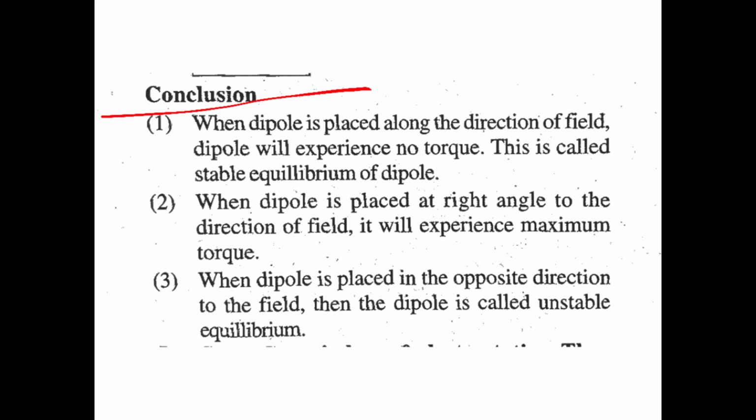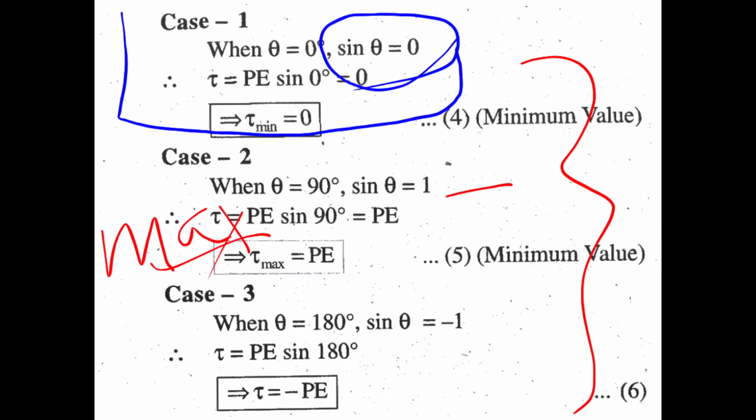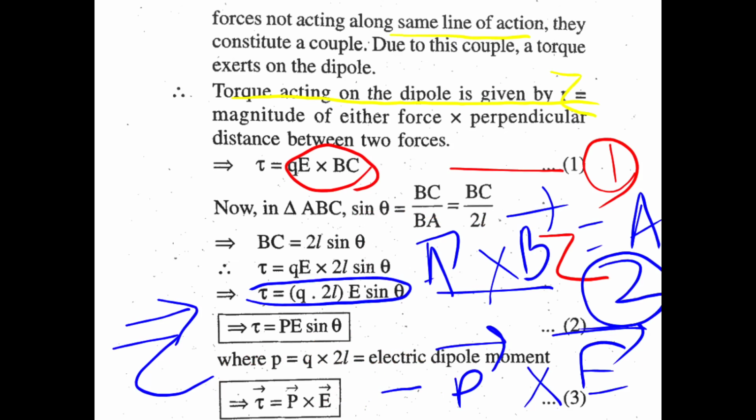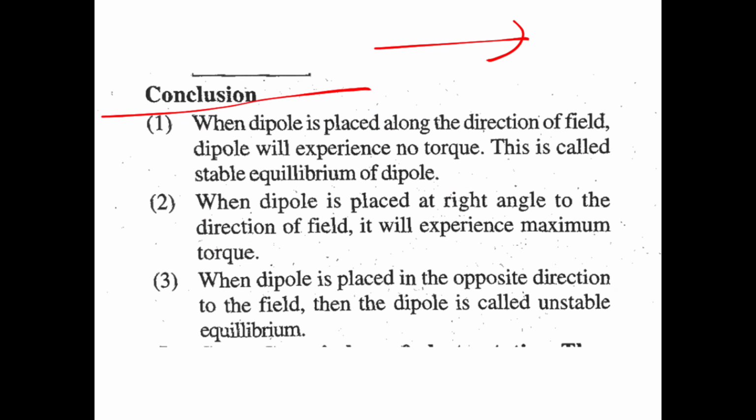Now the conclusion. When the dipole is placed along the direction of electric field, it will experience no torque. If the dipole is placed in this direction, then no torque will be formed.